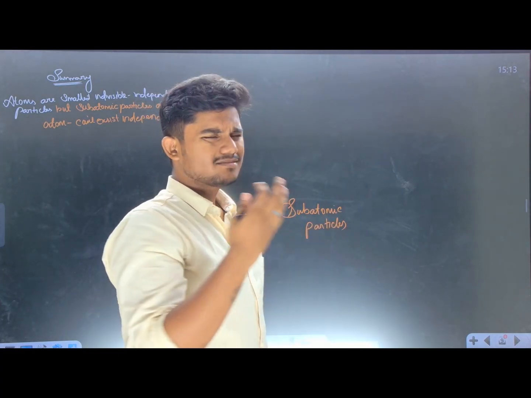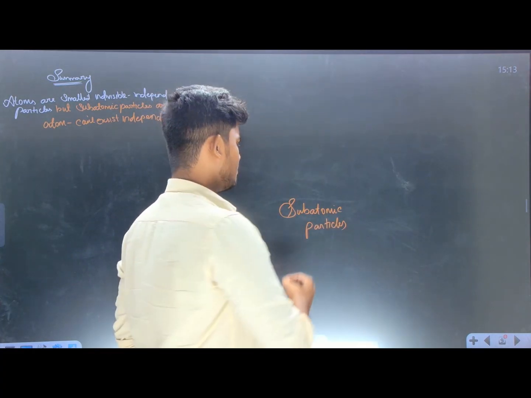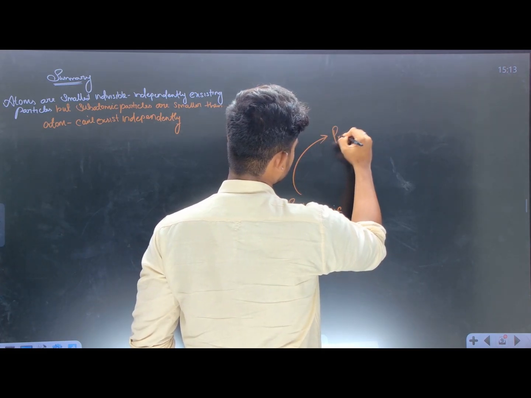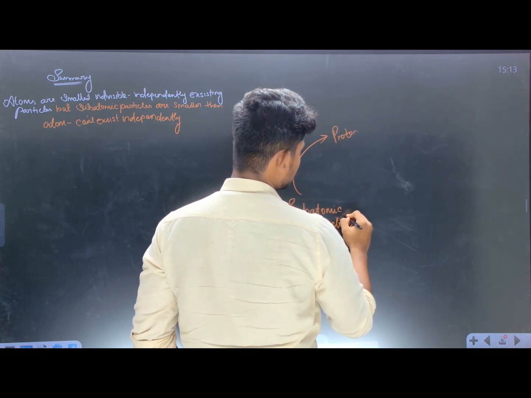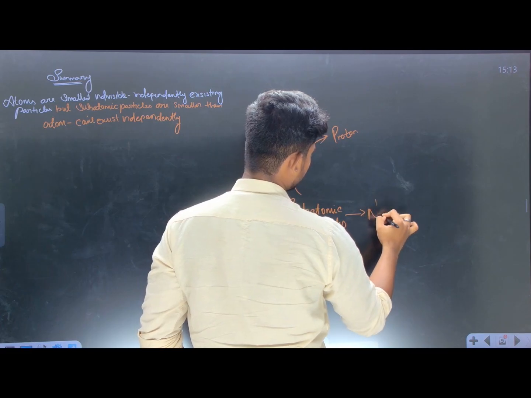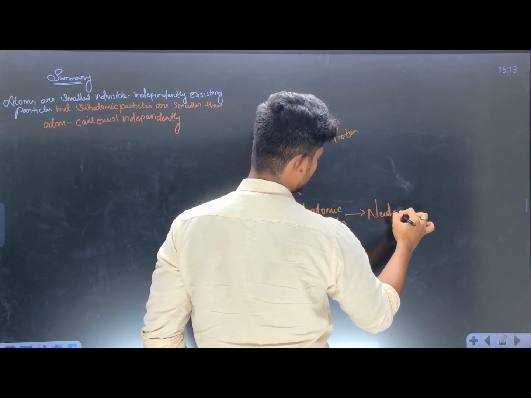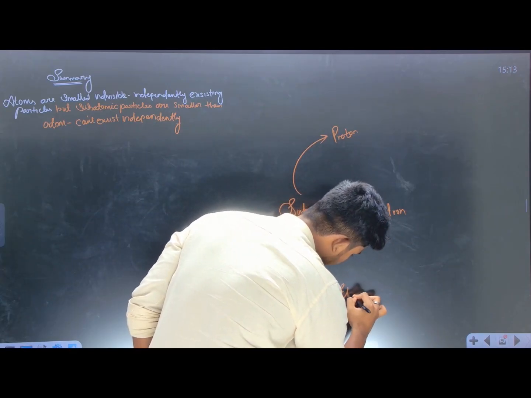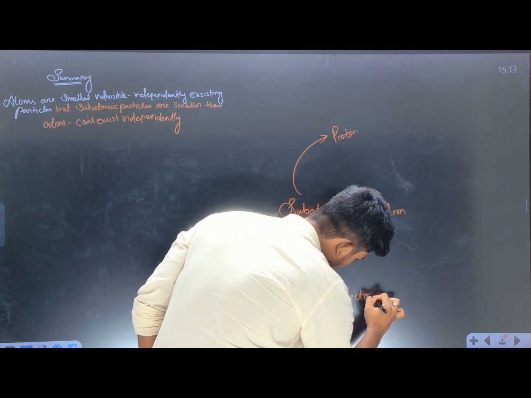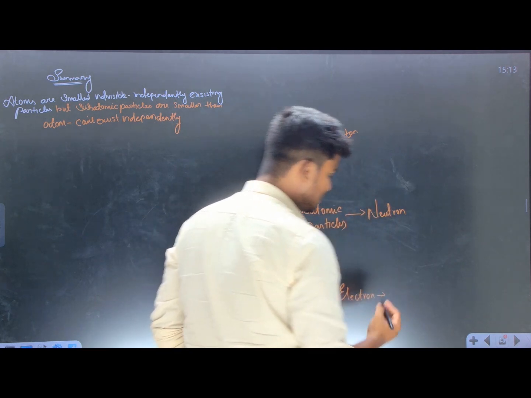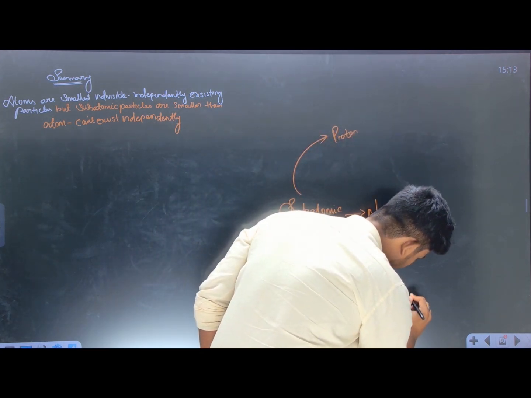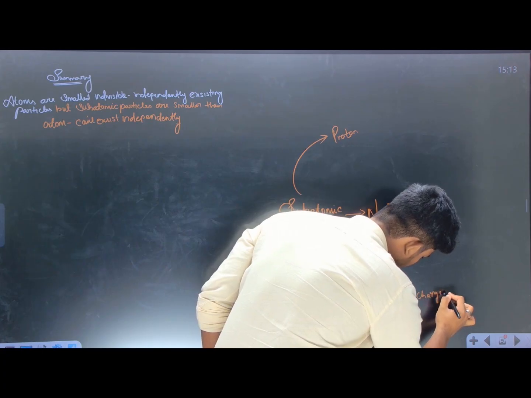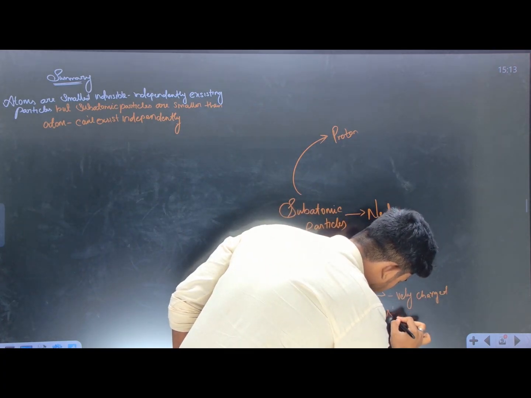There are three fundamental subatomic particles. The first one is the proton, the second one is the neutron, and the third, last but not the least, is the electron. Starting with the electrons, these are negatively charged with negligible mass.